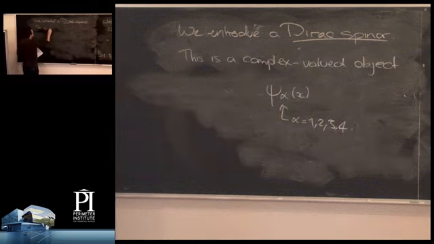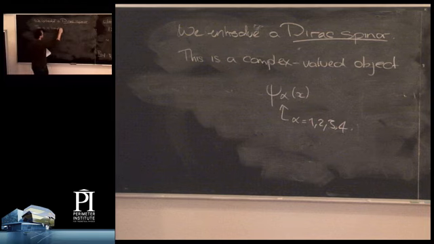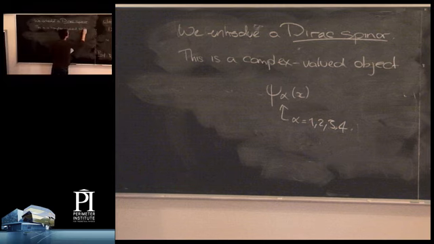And this is a complex valued object that I'm going to call psi. So it's a field now. Okay, it's a field over space, just like these scalar fields. And this alpha runs over 1, 2, 3, 4.